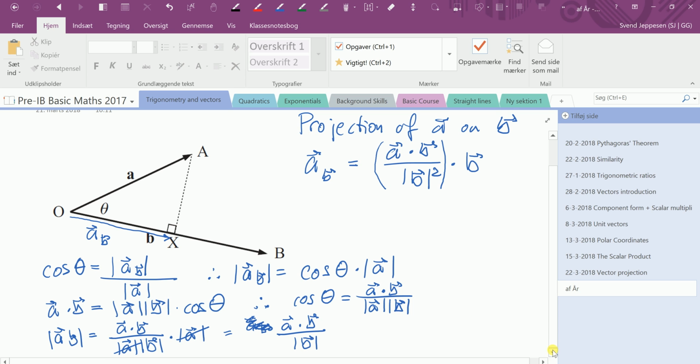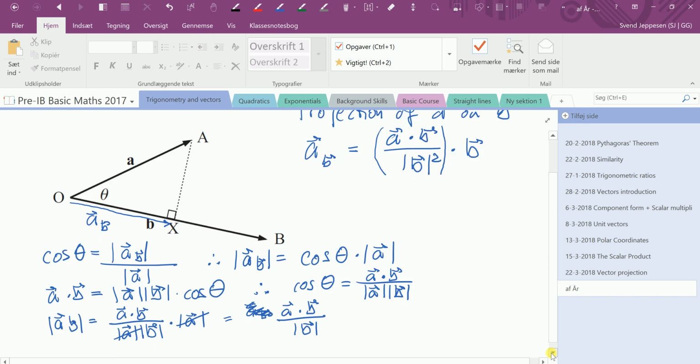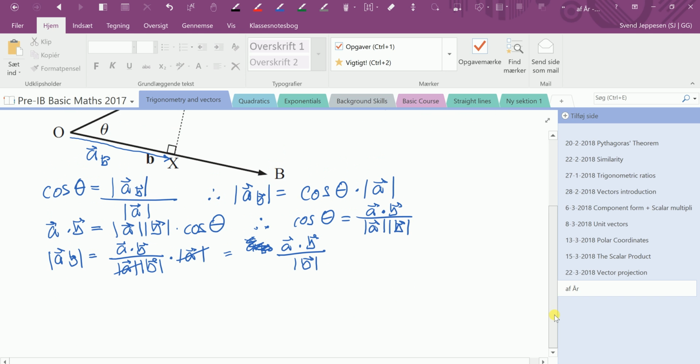So next we would like to find the unit vector parallel to vector B. So what we'll do is that we'll say, well, let's call it UB.